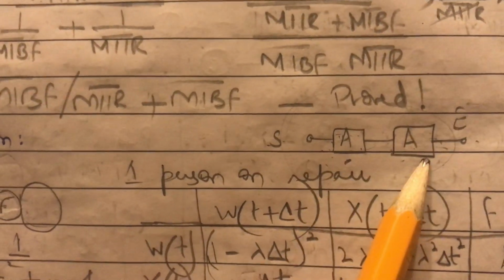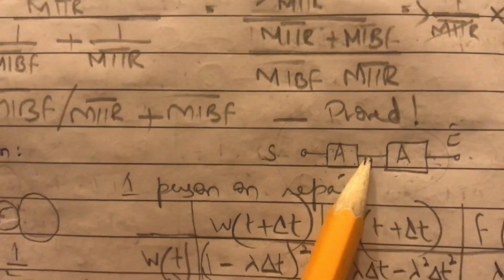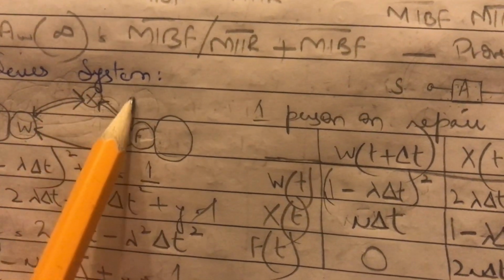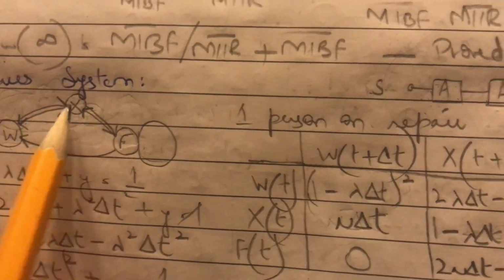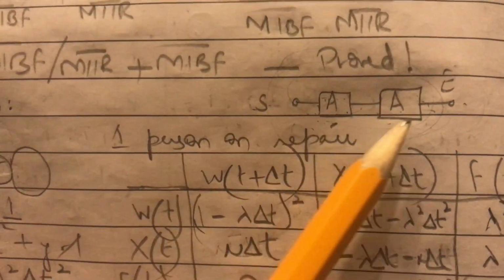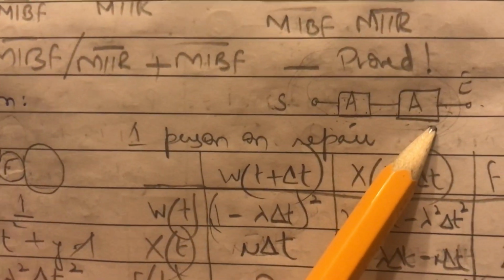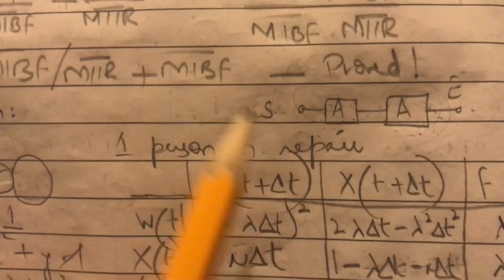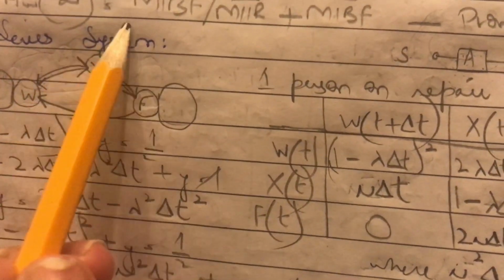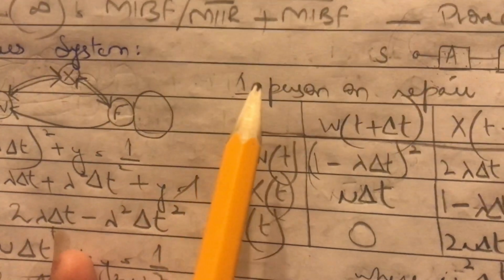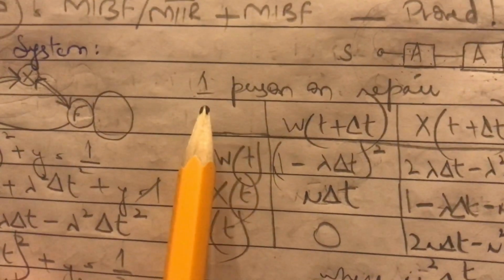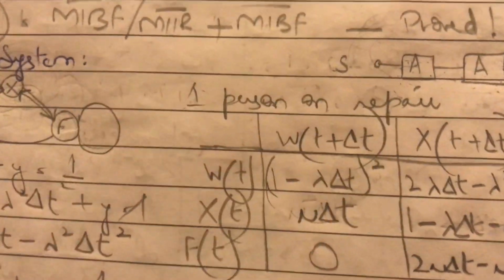To prevent that, we have to place a random variable X, because we don't want the whole system to fail. That's why in series we have to place an X. And remember, here we have one person on repair. So what happens when one person is on repair?